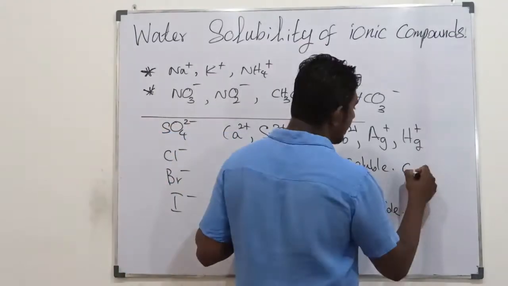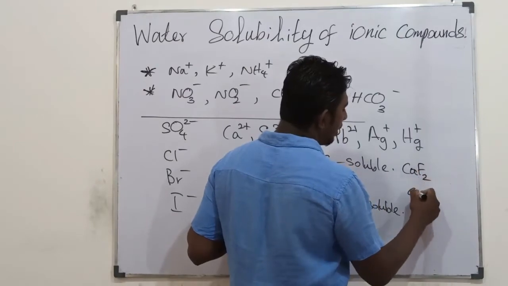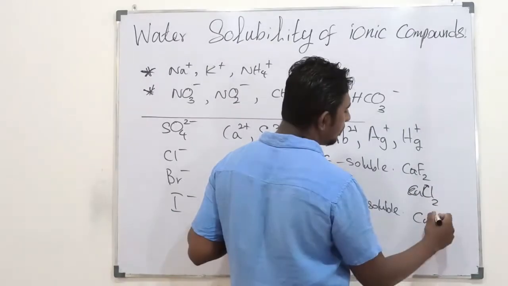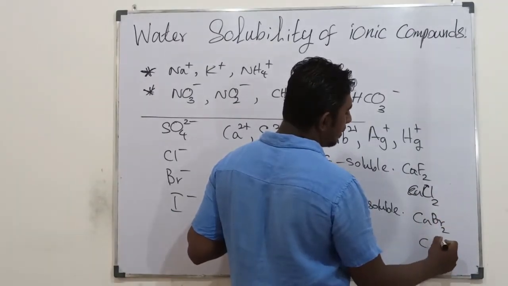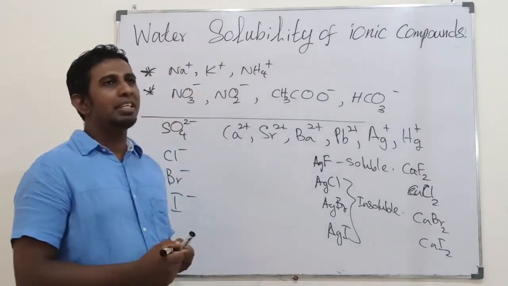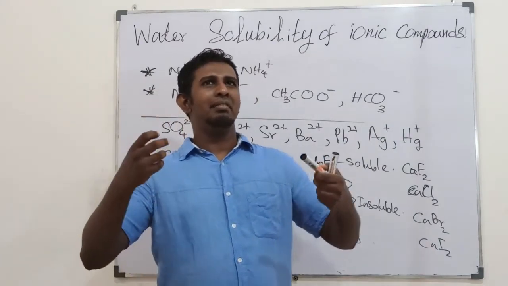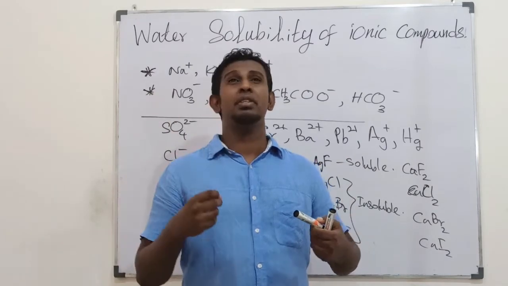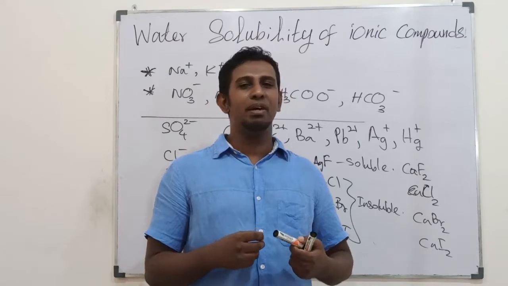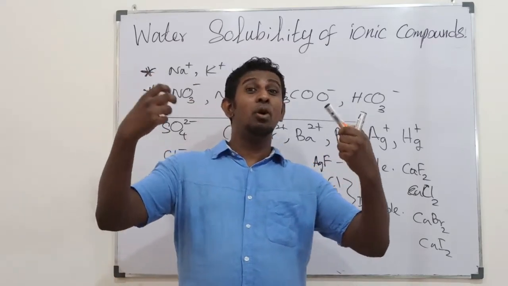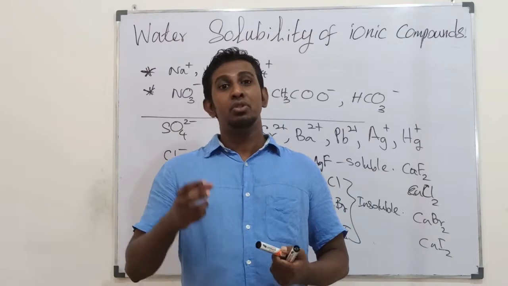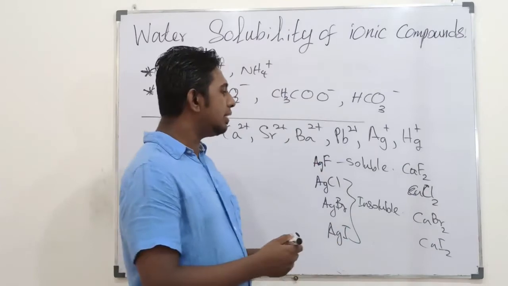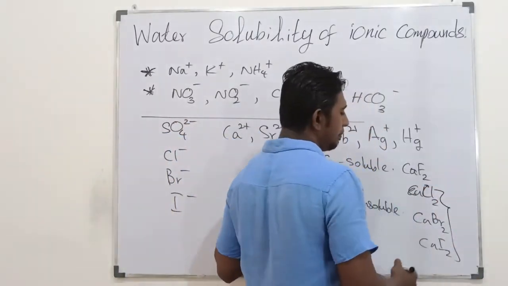Then when you take calcium fluoride, calcium chloride, calcium bromide, and calcium iodide, normally calcium compounds are hygroscopic compounds. Those could attract moisture from air. Those could absorb moisture, most of them. Then these are highly water soluble.